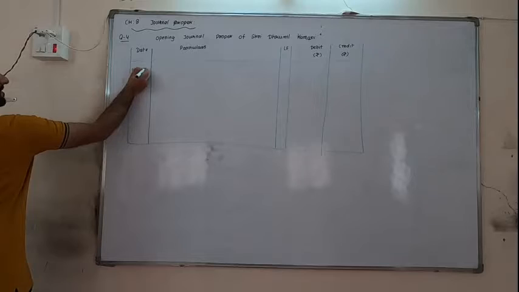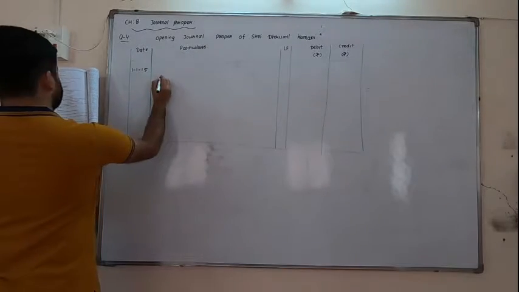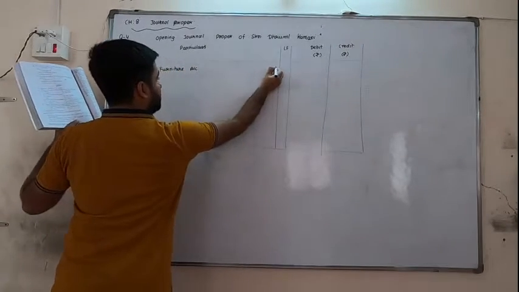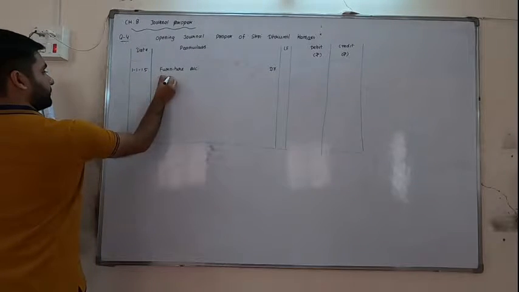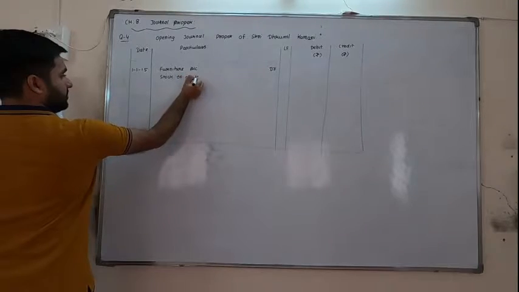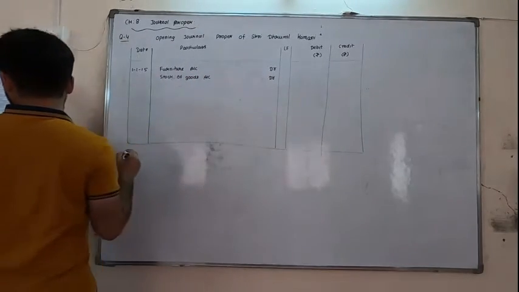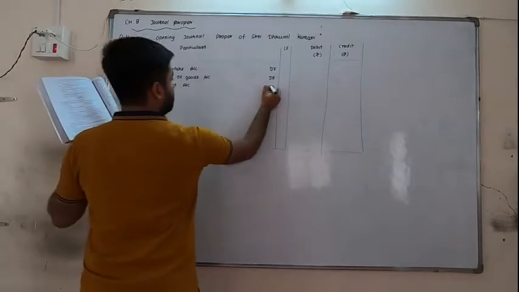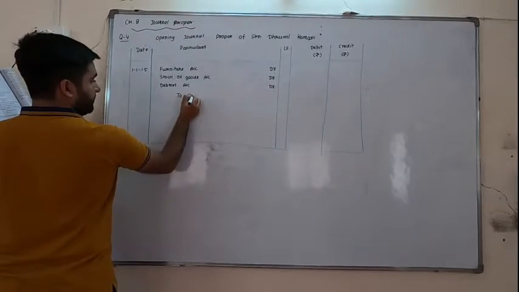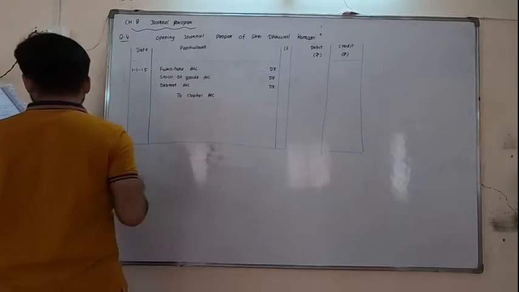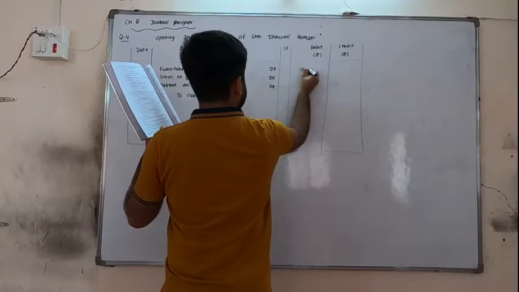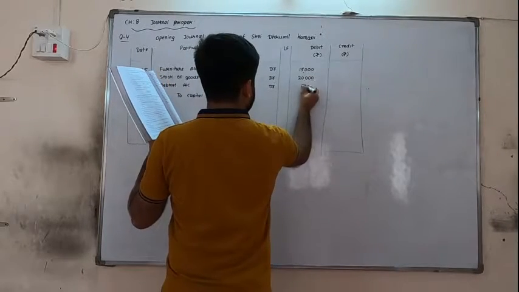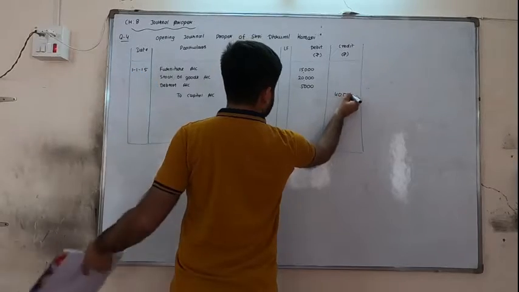Date is 1/1/15. Furniture account debit, stock of goods account debit, debtors account debit, to capital account. 15,000 for furniture, 20,000 for goods, 5,000 for debtors, and 40,000 for capital.